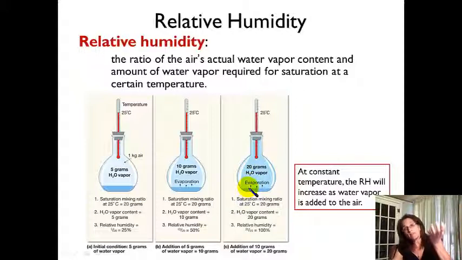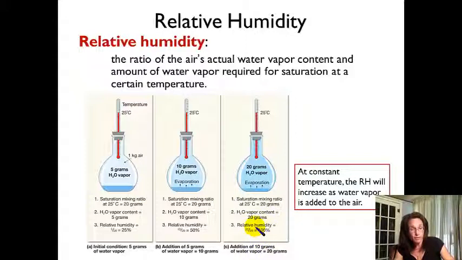The evaporation rate equals the condensation rate. The water vapor content of the air in this flask is no longer increasing. There is as much water vapor in that air as it possibly could contain at 25 degrees Celsius, and we say that we have 100% humidity and we're at saturation.